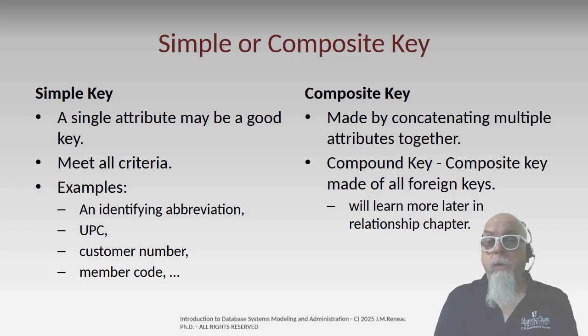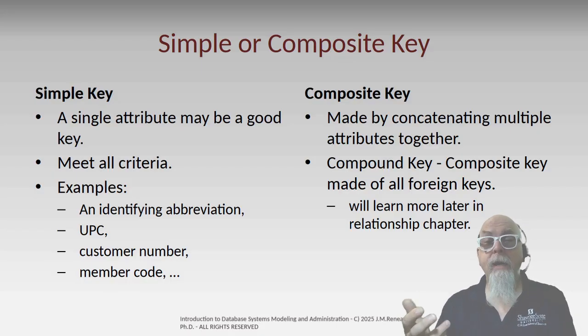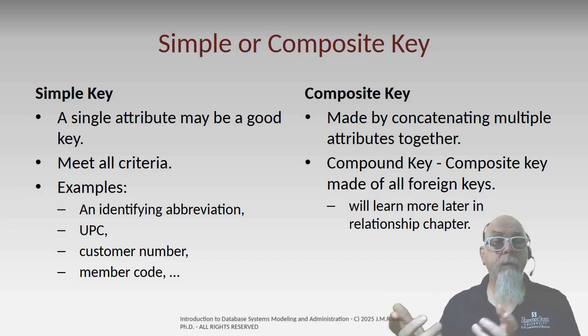A customer number or student number or member number or member code or something like that would also be a single simple key. Assigning a UUID or a random number or a sequential number would also be a great simple key attribute to use.